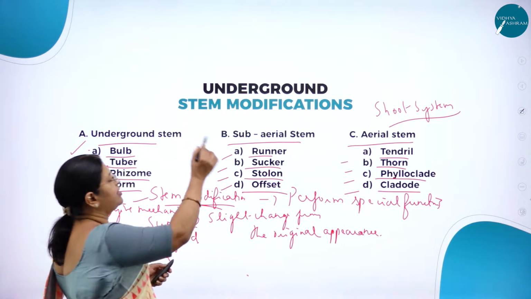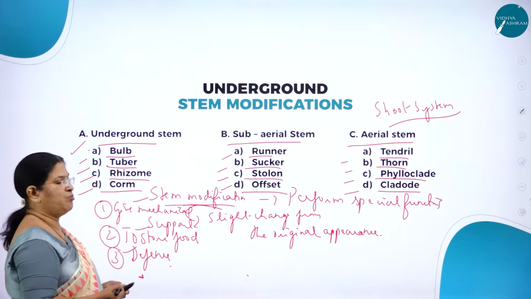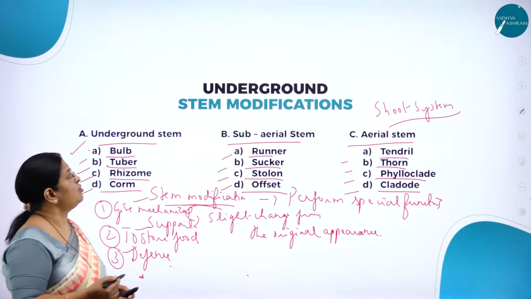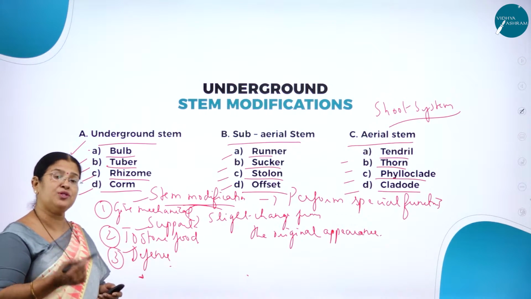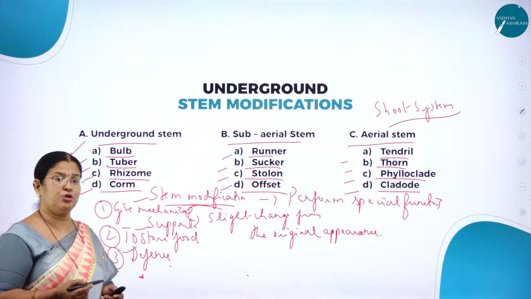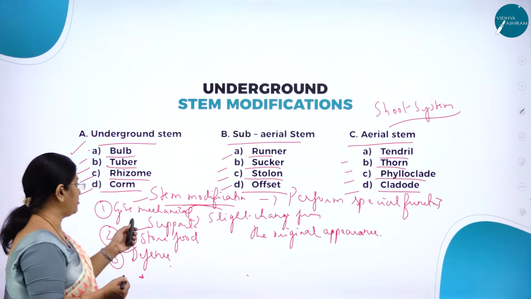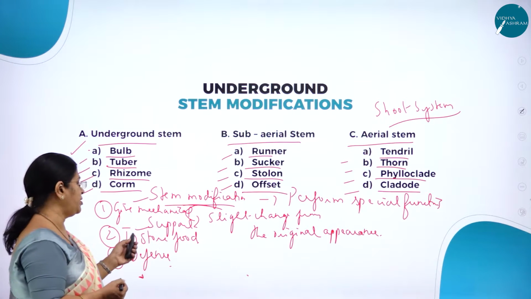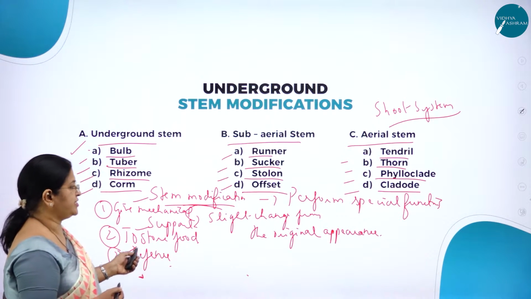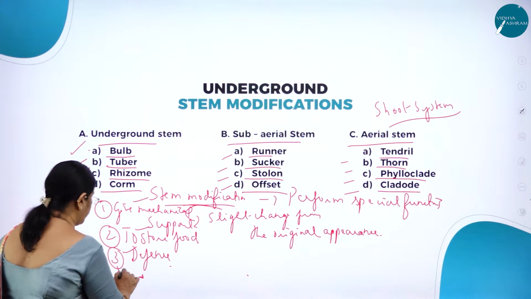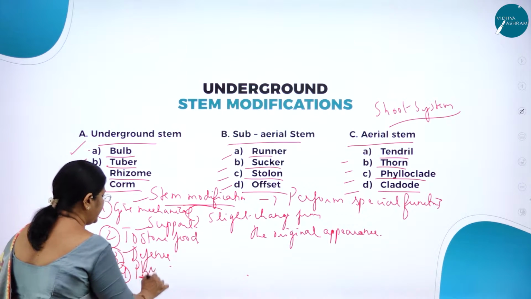So this is the general classification of stem modification. As I said, what do you mean by stem modification? It is a slight change. Stem also undergoes some modification to perform some special functions like what? To give mechanical support, to store reserve food material, and also for defense, and also to carry on photosynthesis when it is green in color.